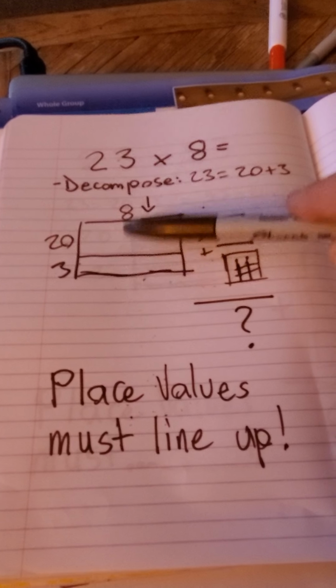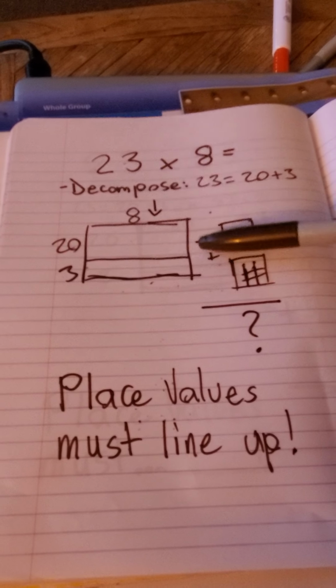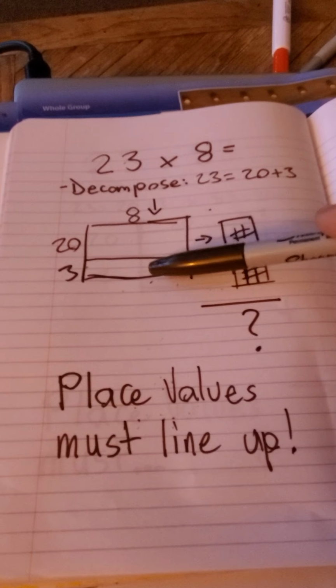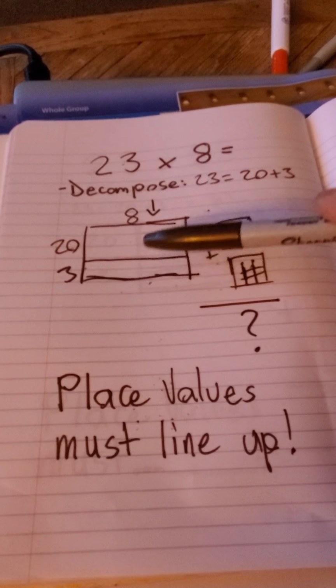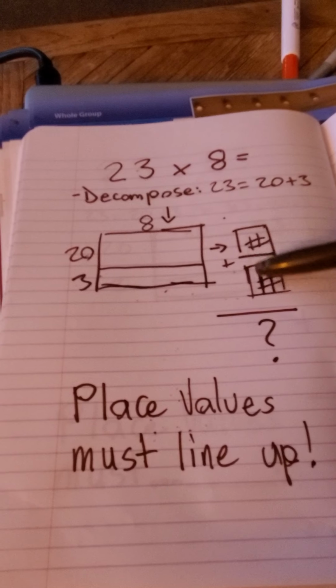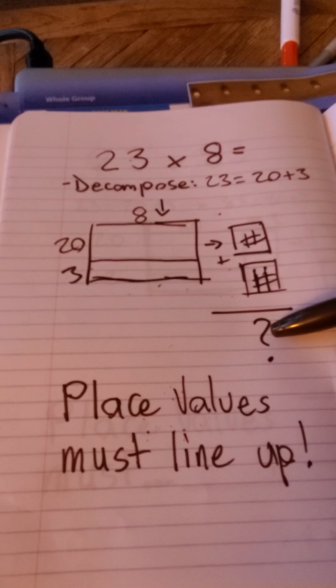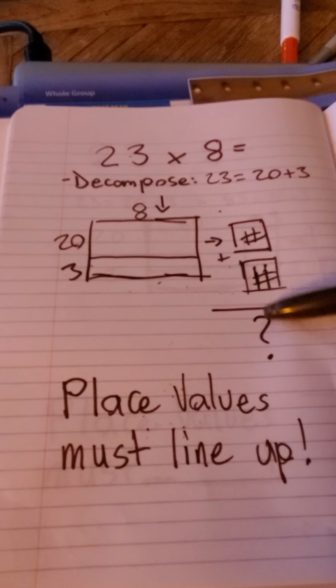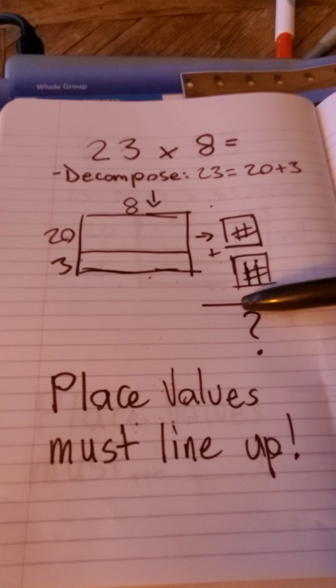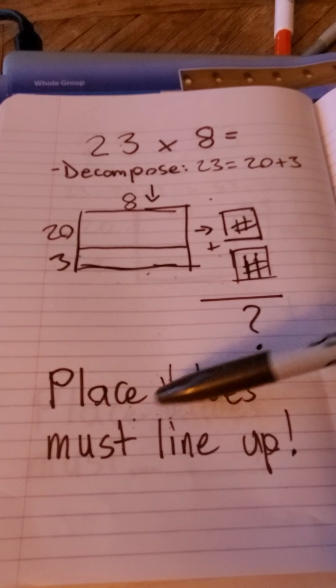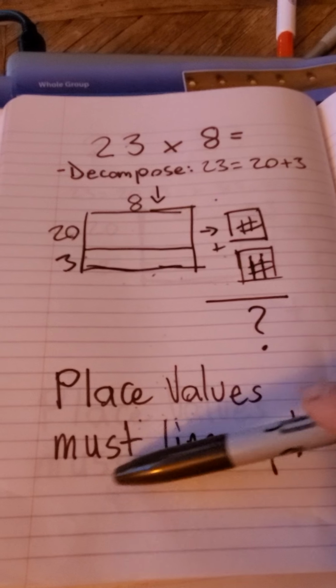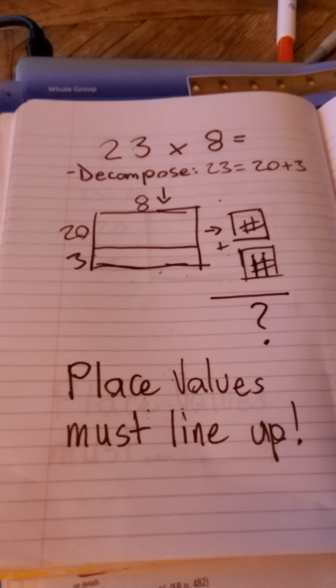I did not do the answers. The next step would be that you take these numbers here, your products, and you add them together. And this would be your answer. And when you've reached this step, it's important to remember that your place values must line up.